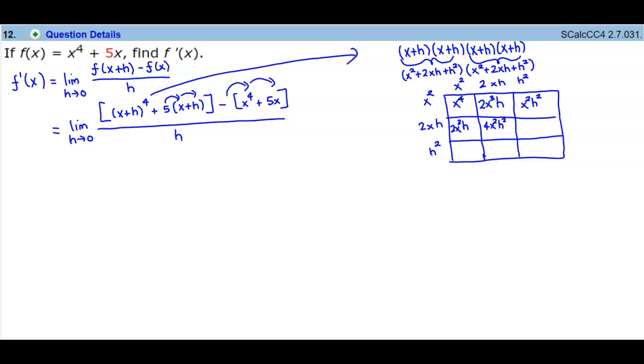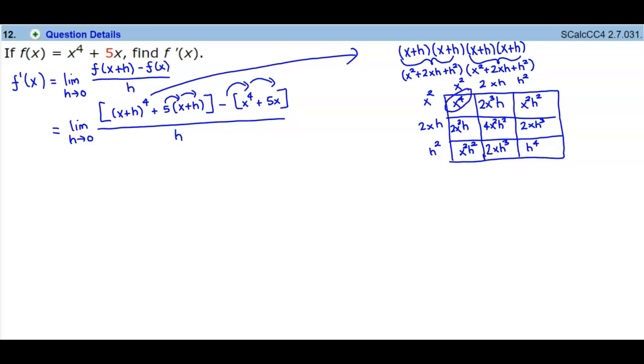And then we have 2xh cubed. Then x squared times h squared, which is x squared h squared, and then 2xh cubed, and then h to the fourth.